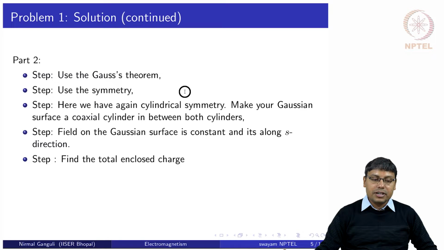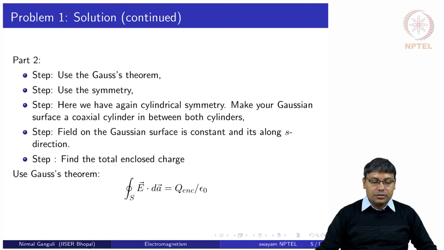It will lie somewhere in between the cylinders, that means it will be inside the coaxial cable. And the field on the Gaussian surface is constant, and it will again be along the s direction for sure. Now you are supposed to find the total enclosed charge, and then you will be able to find the electric field there.